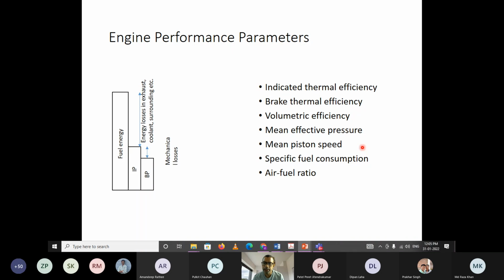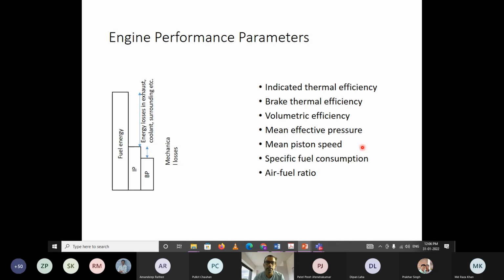All three sections are interrelated with each other. It means if you change one parameter, then it is going to affect all three subsections, either in a favorable manner or a negative manner.